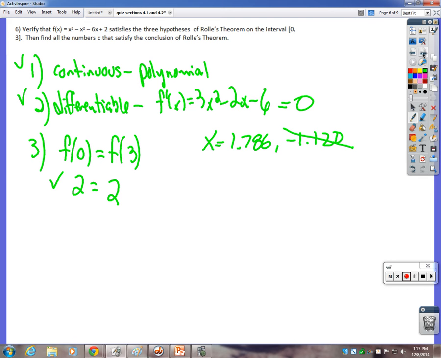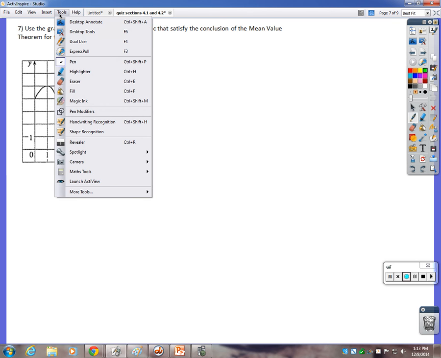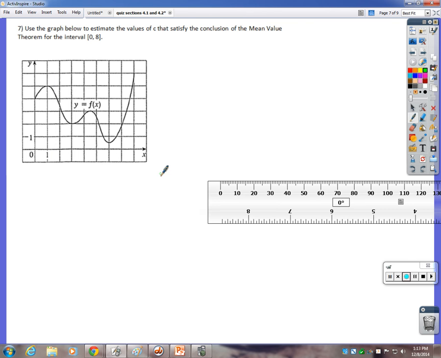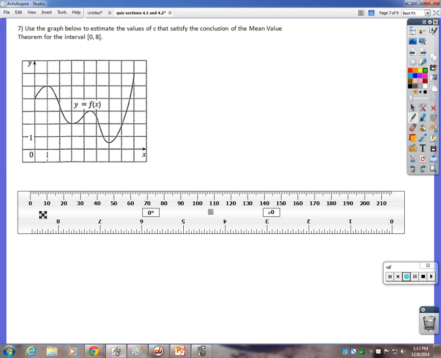Okay, next one, number 7. Use the graph to estimate the values of c that satisfy the conclusion of the mean value theorem. And I'm sure you remember that it said that there's a point in there somewhere that has the same slope as the secant from here to here.